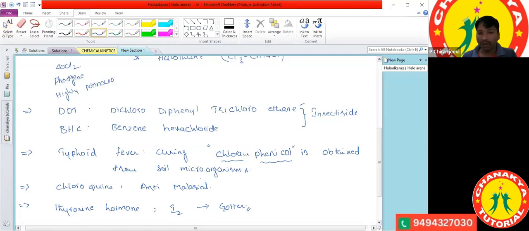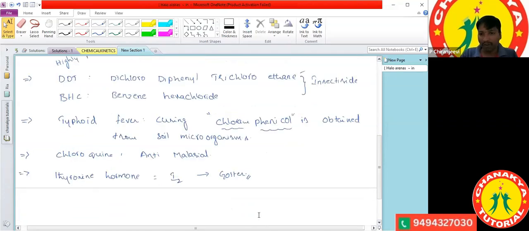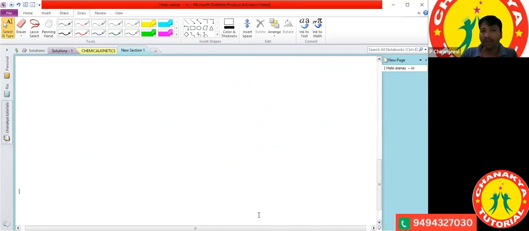Now, based on the number of halogens present in a compound, halogen containing compounds are classified into different types. Okay, so classification of halogen containing compounds.